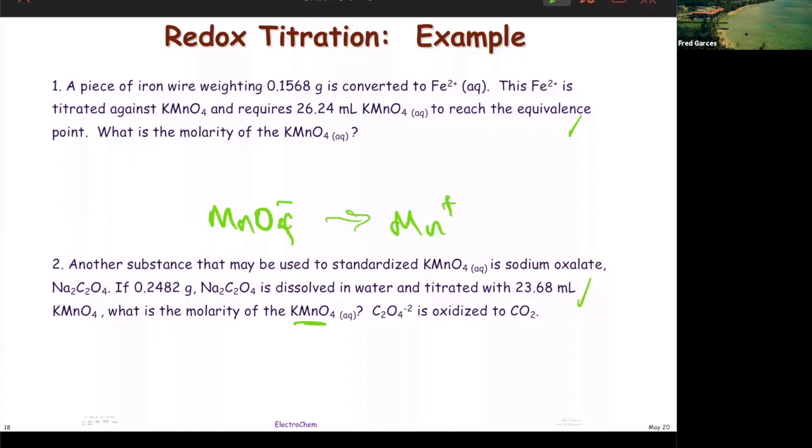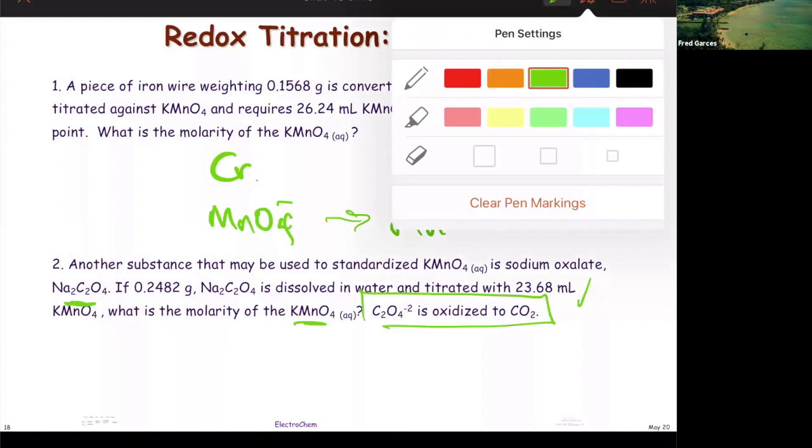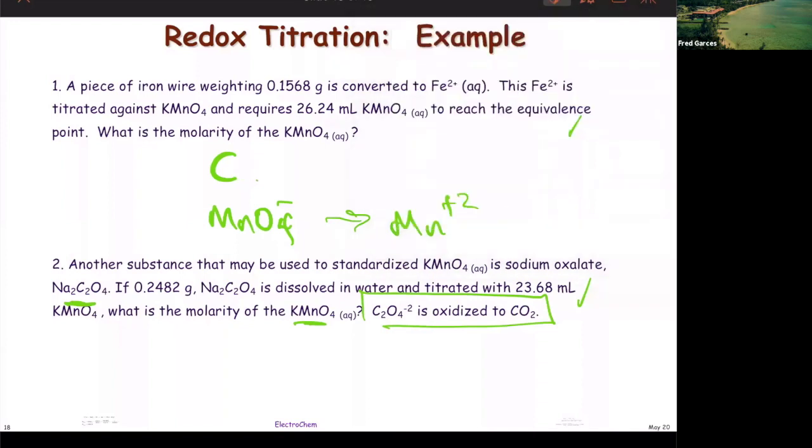And then it tells you about the other chemical that you have, oxalate. This is oxalate, not chromate. It's C2O4 2- goes to carbon dioxide. So that's your 2 half reactions for this problem right here.